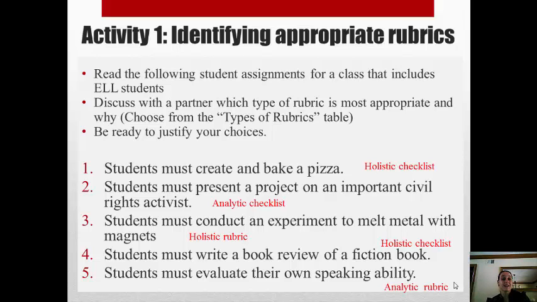Again, your choices might differ from mine, as long as you can justify why you chose what you did and your idea of the assignment and the assessment that you're trying to do. I'm sure any combination would work as long as it meets the goals and objectives of the assignment.